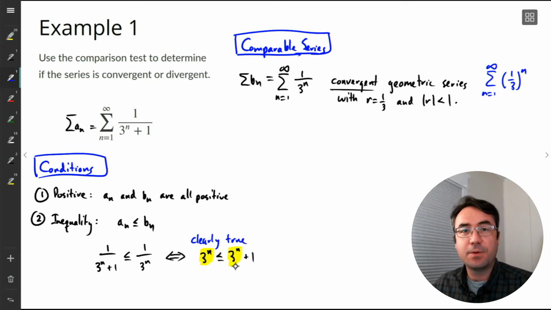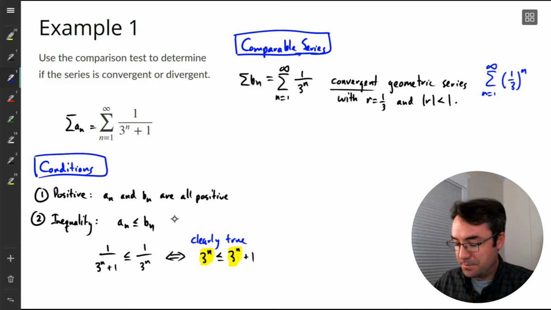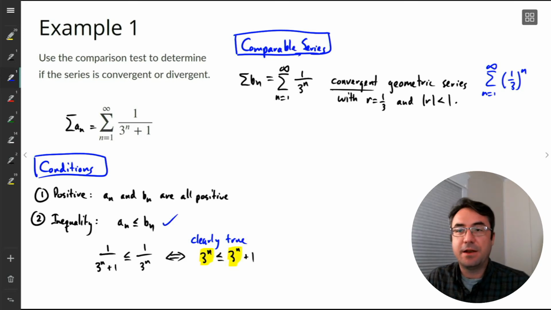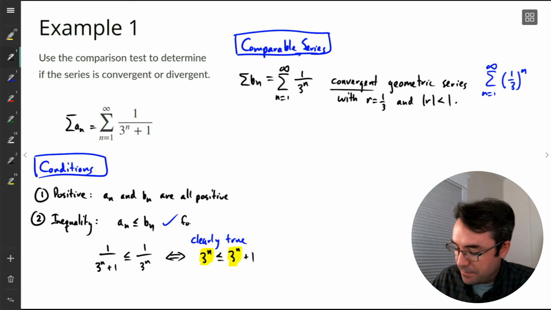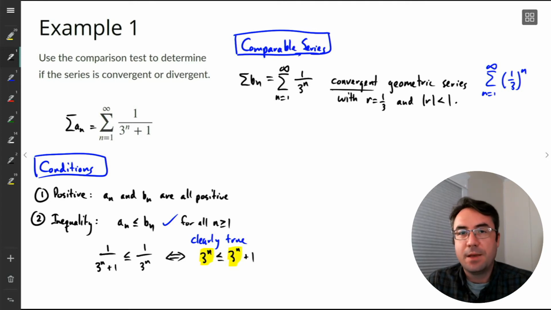And since this inequality is true, it means this inequality is true. So check. That other inequality was true. an is less than or equal to bn, and we qualify that for all n greater than or equal to 1. All right, so that's really it.